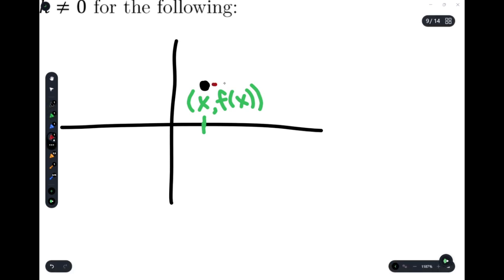Now let's say we just go over this far. How far did I go over? That much exactly. And do we have a word that we use for that much?